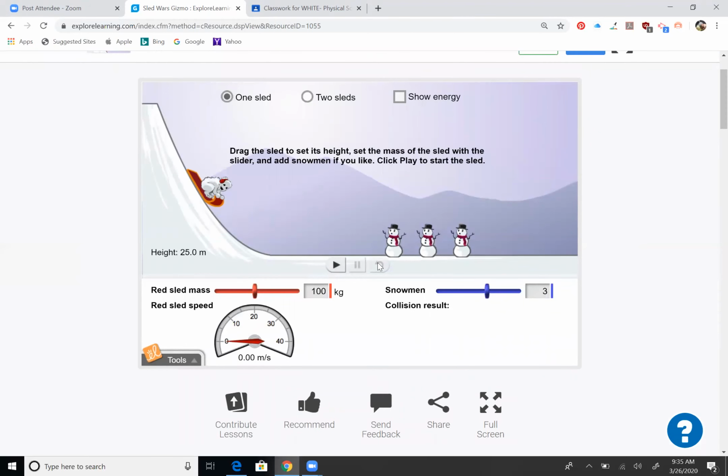All right, so it's reset. One sled, drag him up to a height of 25, which is there, and 100 kilograms, so that's there.